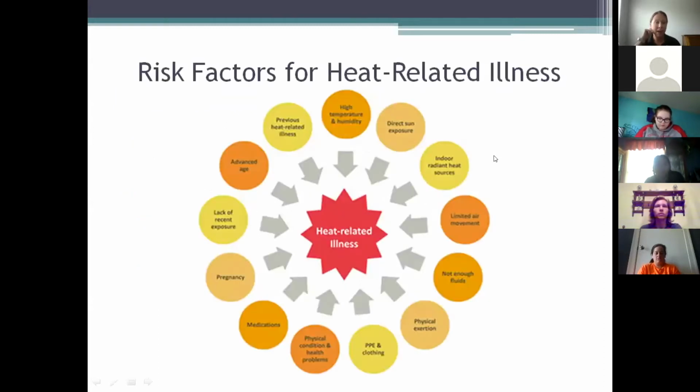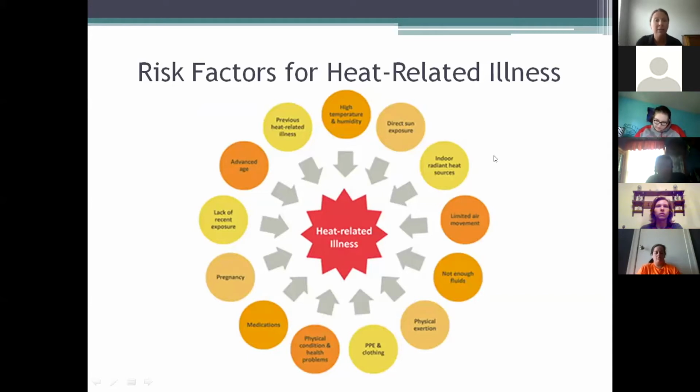There are many risk factors for heat-related illnesses. As you can see in this picture here, they include high temperature and humidity, direct sun exposure, indoor radiant heat sources, limited air movement, the individual not consuming enough fluids, physical exertion, the clothing that they're wearing, uniforms, the individual's physical condition and maybe health problems if they have a medical history, medications they're taking, if a female and pregnant, lack of recent exposure to the heat, and also advanced age.